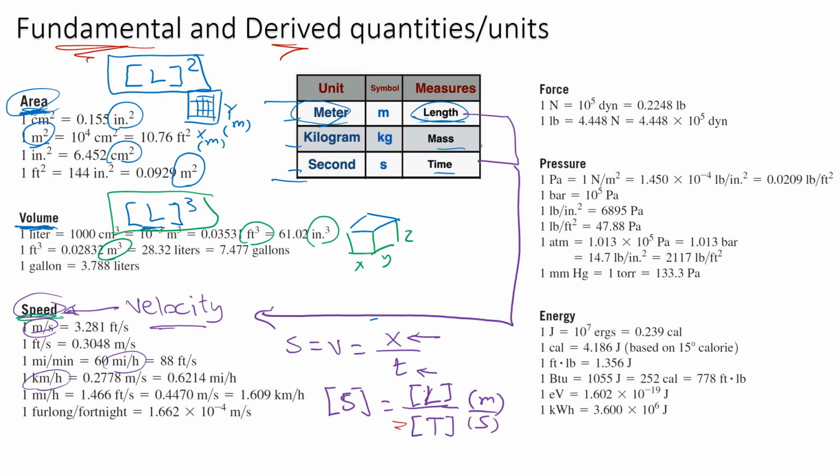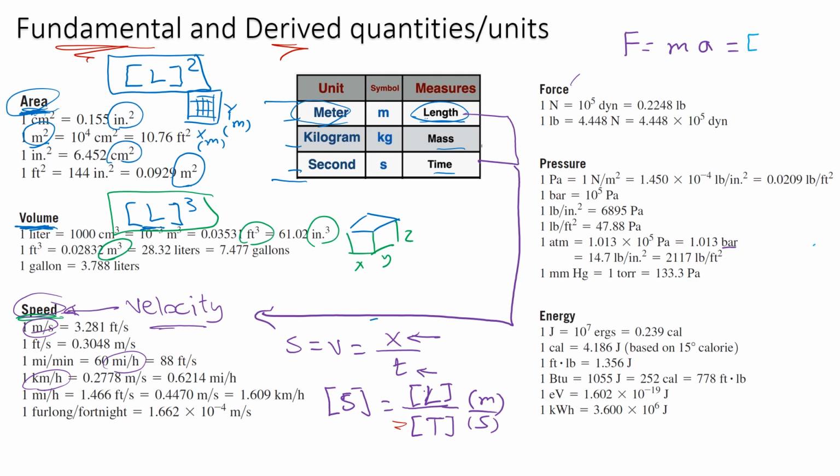We will deal with the force the same way. The force, from Newton's second law, is equal to m multiplied by the acceleration. m is the mass, which is a fundamental quantity, but the acceleration is a derived quantity, which is velocity over time, the average velocity over a period of time.